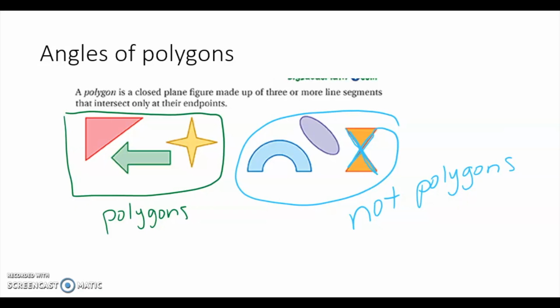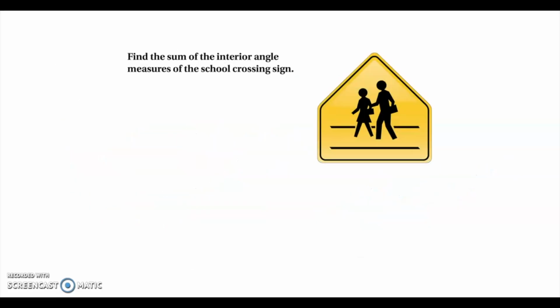The sum, S for sum, is found by taking n, the number of sides, minus 2, times 180. That will give us the sum of the interior angles inside of a polygon. So let's look at some examples.